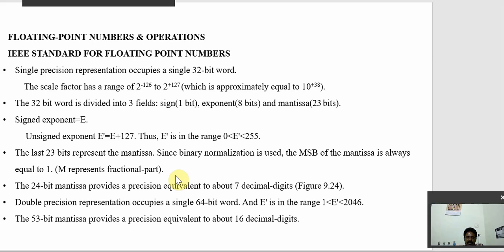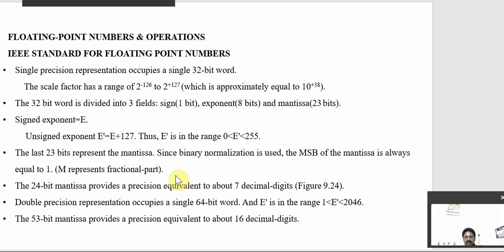The double precision format uses a 64-bit standard. So 64 bits are there in double precision and 32 bits in single precision.